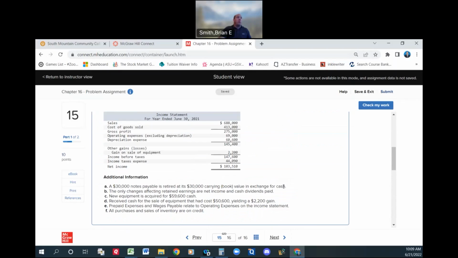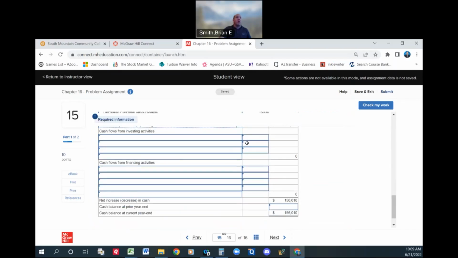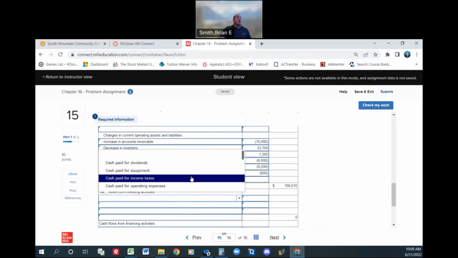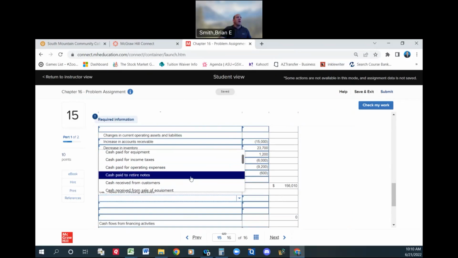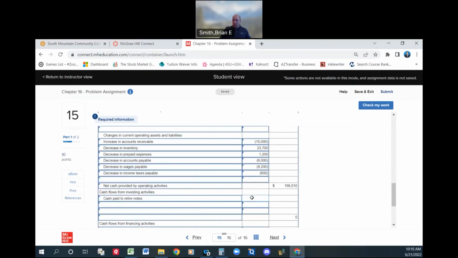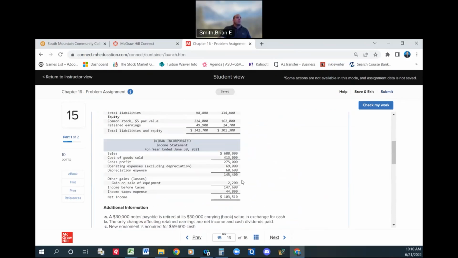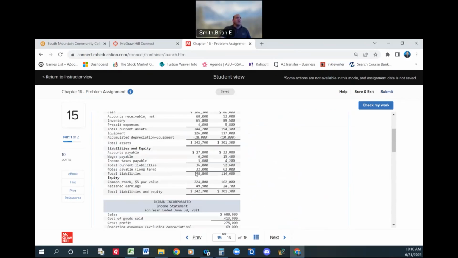All right, so we paid $30,000 to pay off our notes payable. We're looking for a cash paid to retire notes. There it is, okay? 30,000. And let's just make sure and verify that. Yeah, it went down 30,000 there.